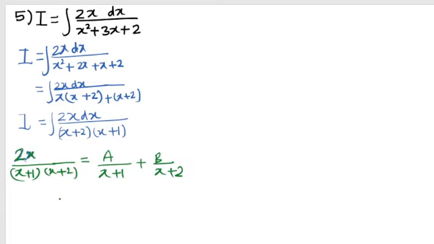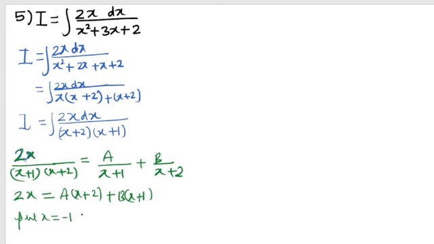So now take the LCM. It will become 2x is equal to a into (x plus 2) plus b into (x plus 1).